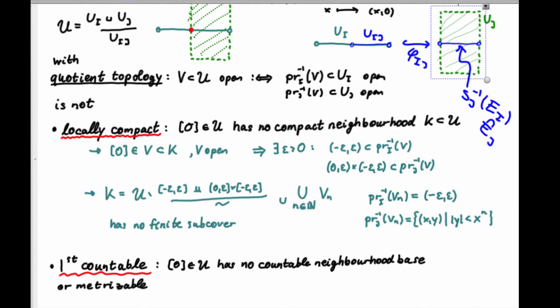And that means it's not metrizable. And that's really weird. We proved that this was metrizable a number of times, until we realized that the counterexample was staring us in the face.